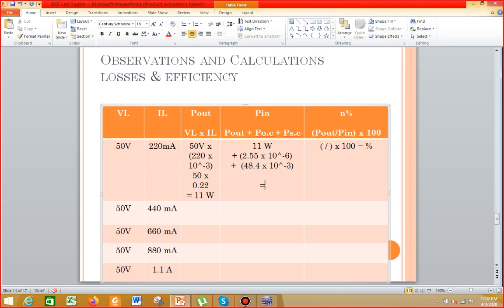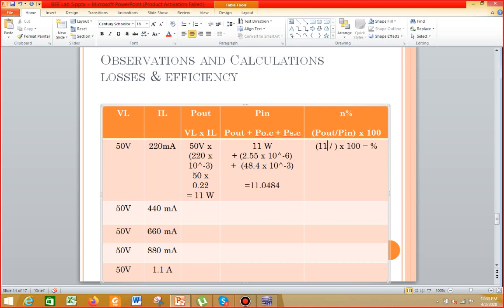Okay, so it is around 11.0484. So now I'll put these values over here.